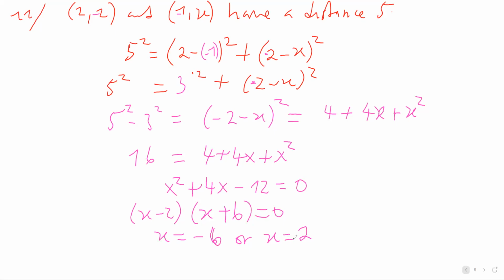The next one, number 12. The next one is the equation of the tangent at the point (0, 2) to the circle. So we have a circle, which is x squared plus y squared plus 4x plus 2y minus 8 is 0.